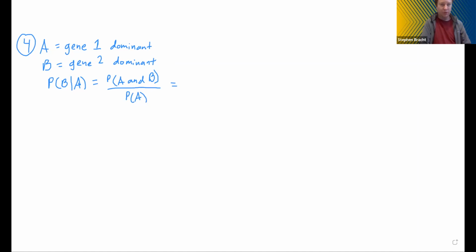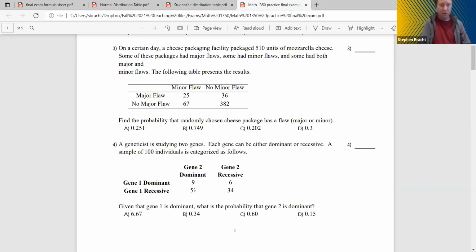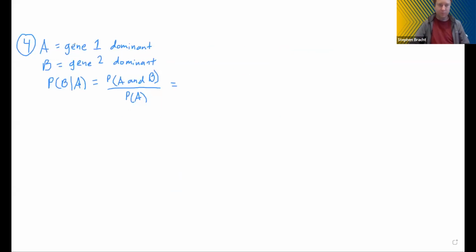And to find that probability, I would go to my table and I would find where the gene 1 dominant row intersects with the gene 2 dominant column. And I see that's a 9, and I divide that by the total, which is 100, right? So the probability on the top is 9 over 100. So this is equal to 9 over 100.